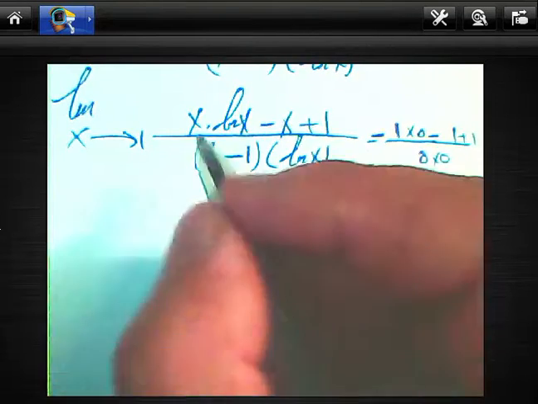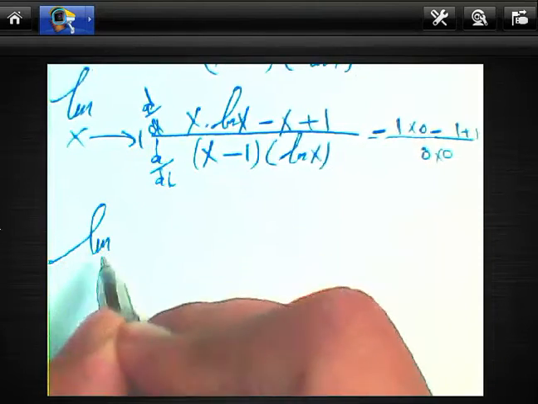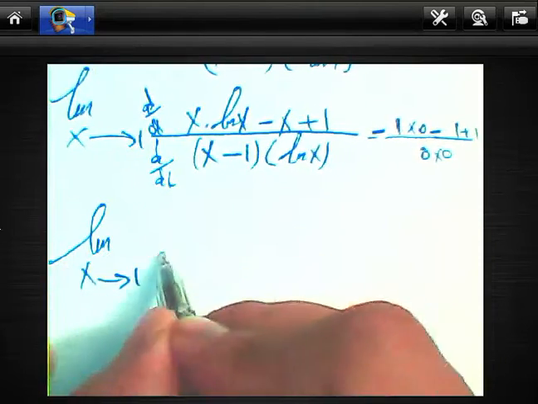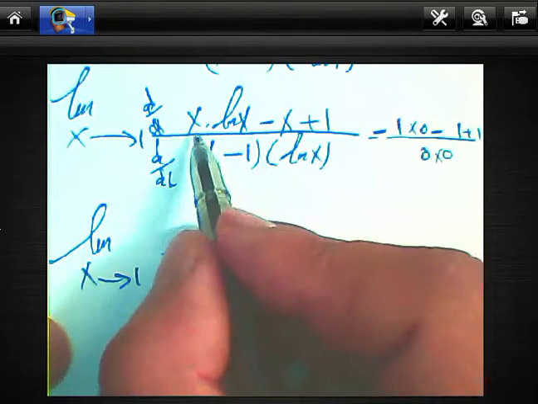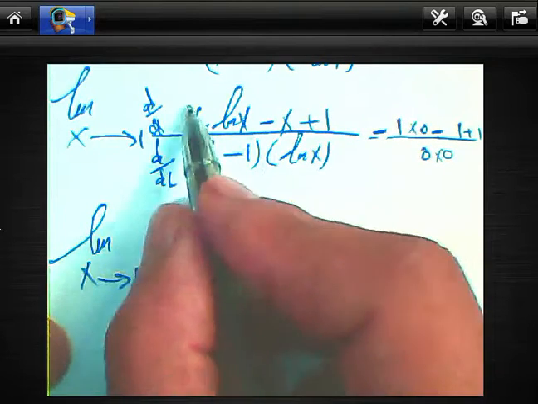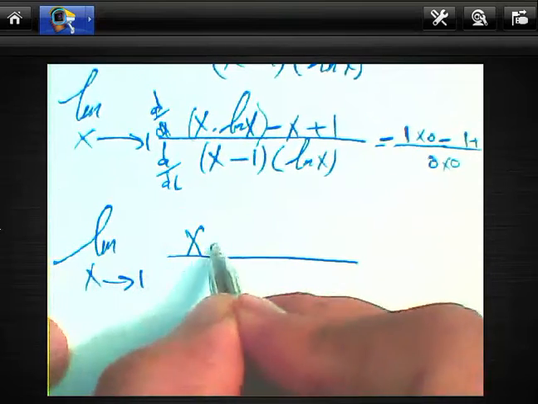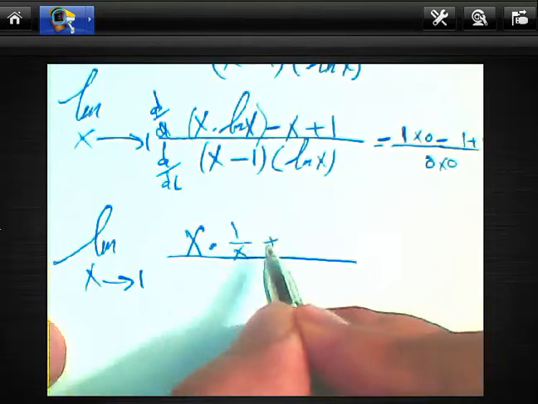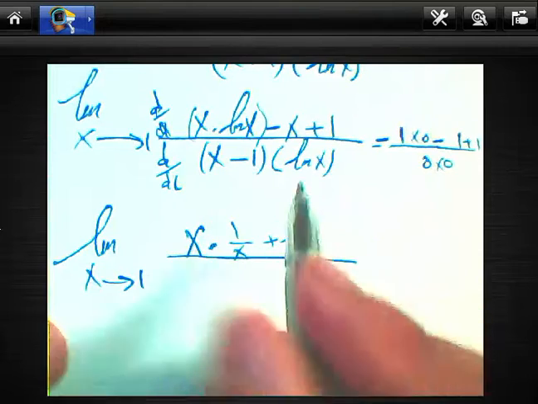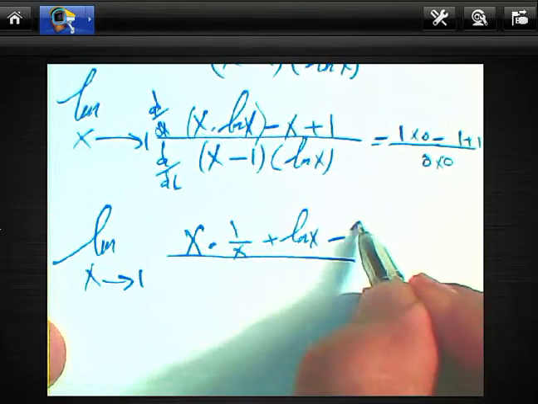So we can use the derivative of the numerator and denominator with respect to x. Then, for the limit when x approaches 1, we find the derivative of this term, x multiplied by ln of x. We write the first multiplied by the derivative of the second, which is 1 over x, plus the second, ln of x, multiplied by the derivative of x, which is 1, minus the derivative of x, which is 1.